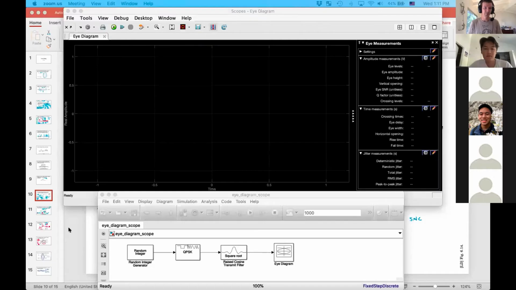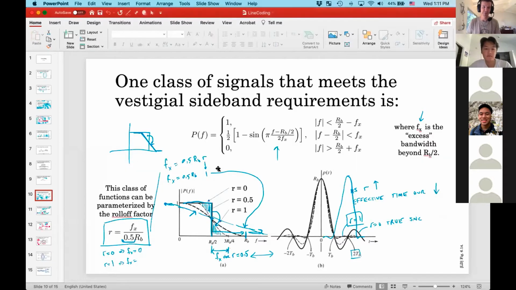Okay, so I want to call our attention back to this slide, in which we talked about the general pulse shaping idea of maintaining total spectral density by shaving off the corner of the rectangle and pasting it down here. And then we can quantify how much we're shaving by this roll-off factor. The book calls it little r. Other sources are going to call it alpha or a.